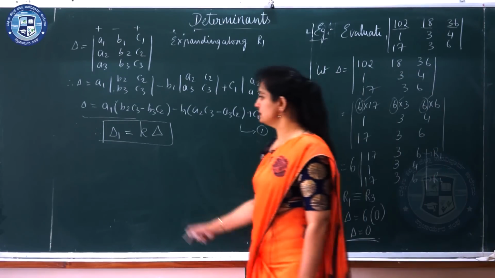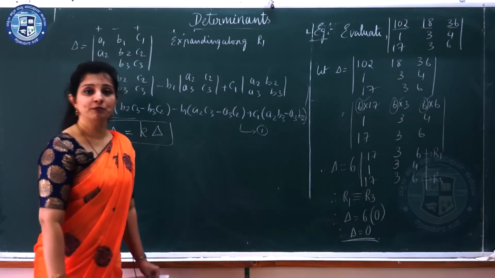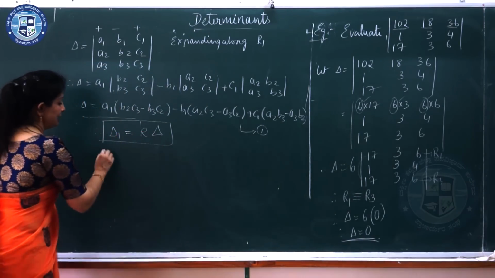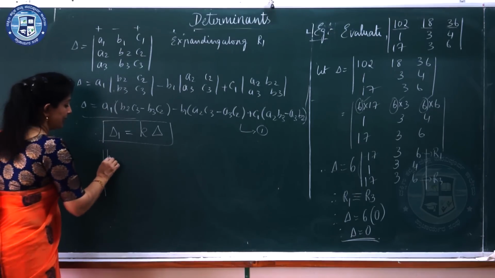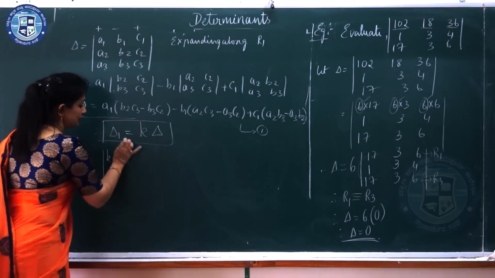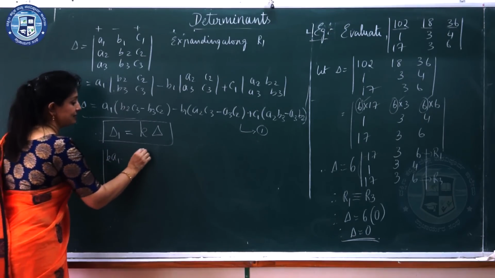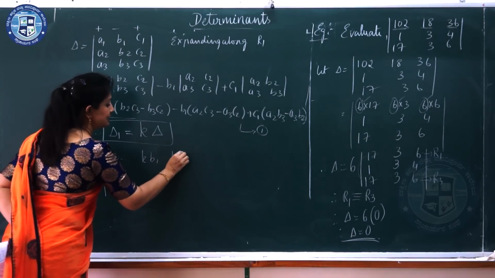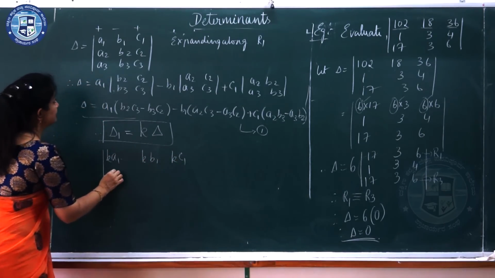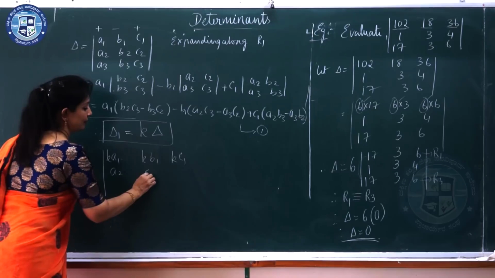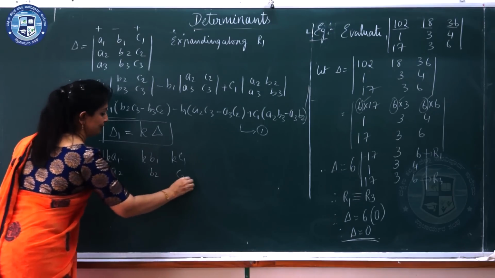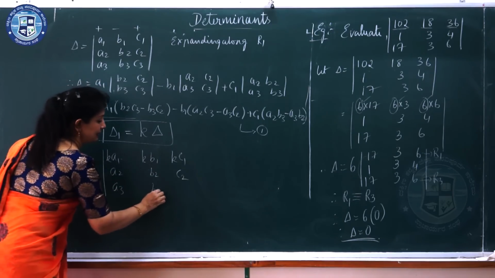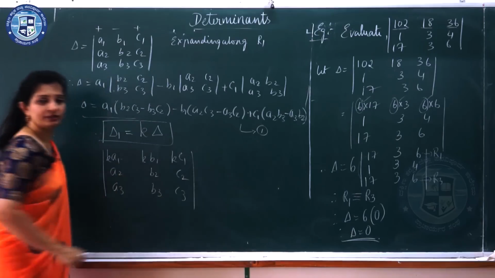So a very important result we get from this property, students. Look at this. Here if we have KA1 as the first element, KB1 as the second element, KC1. Then the second row elements are A2, B2, C2, A3, B3, C3. Then look at this.